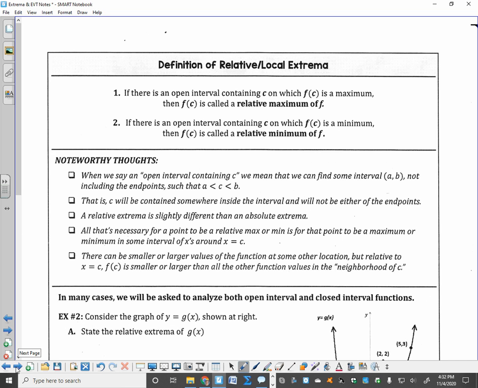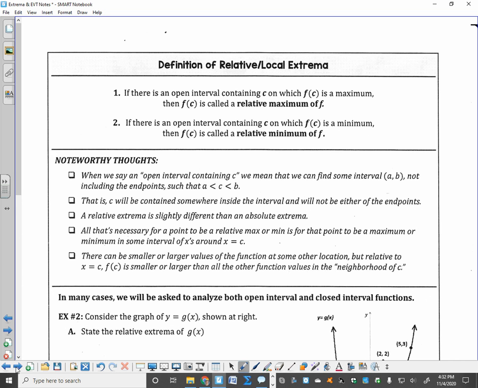So we're talking about relative or local extrema. If there is an open interval, open meaning I'm not including the endpoints, containing c, on which f of c is a max, then f of c is called a relative max. If there's an open interval, again no endpoints, containing c, on which f of c is a min, then f of c is called a relative min.